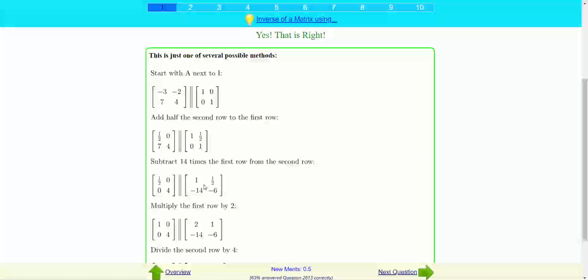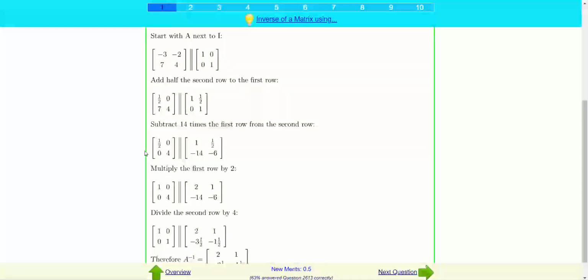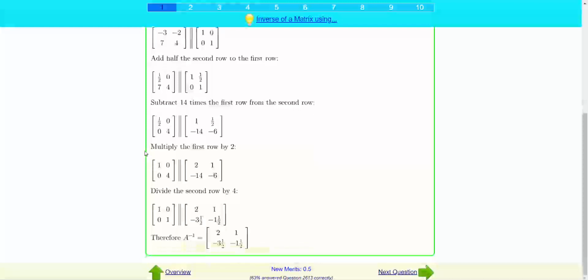So add half the second row to the first row, half of it. Yeah, it would get a 0 here. And then subtract 14 times the second row, so that you would get a 7 and it gets a 0.